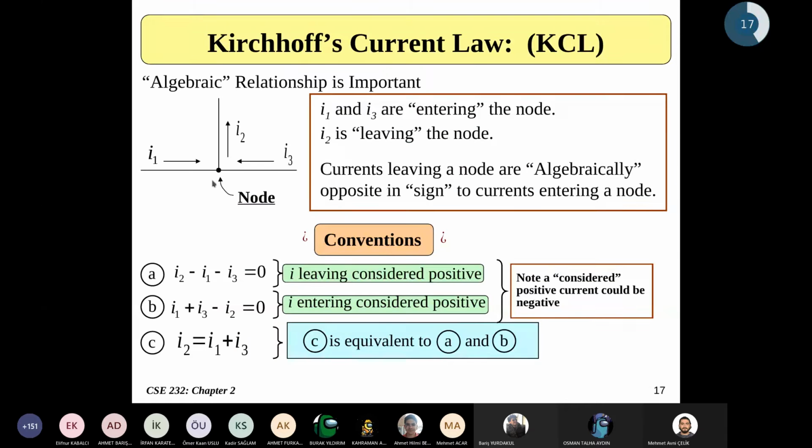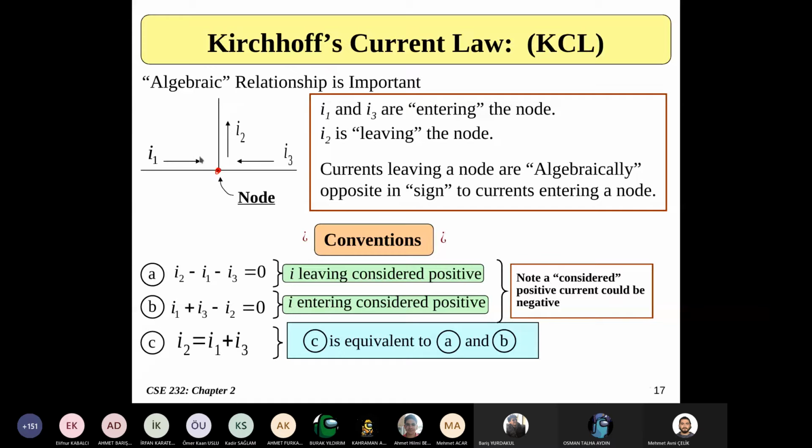Now, what Kirchhoff said in his current law is that for a node, the currents coming into the node are equal to the currents coming out from that node. Or you can say that currents leaving a node are algebraically opposite in sign to the currents entering the node. That means the sum of the currents coming into a node is algebraically equal to the sum of the currents getting out of that node.